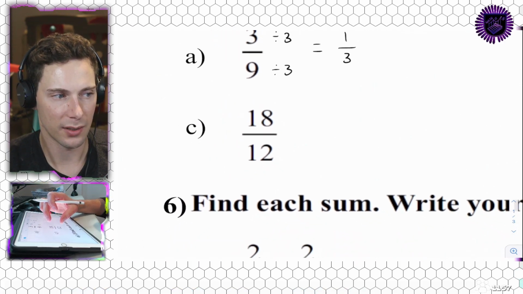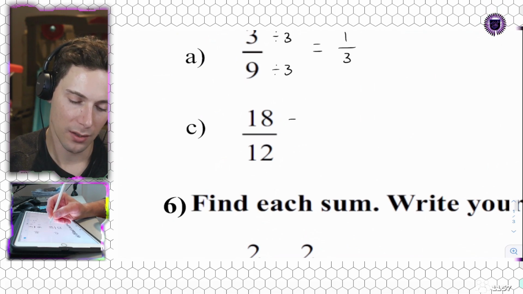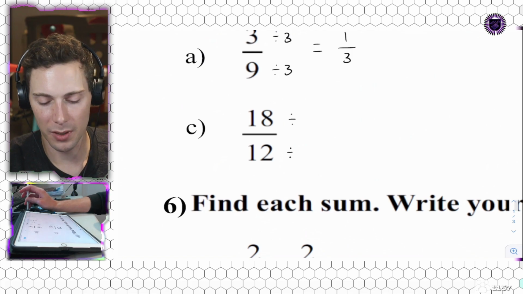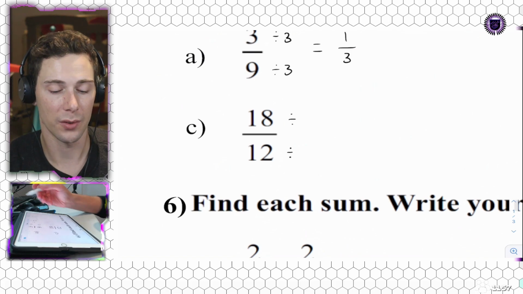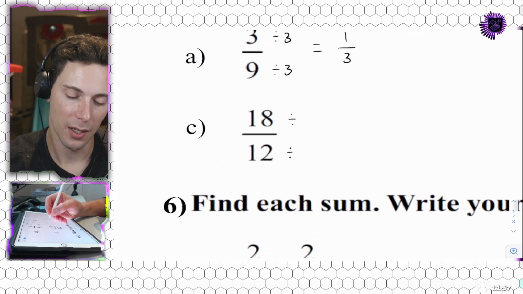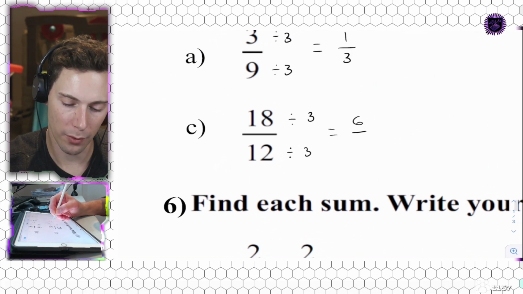C is 18/12. We can think, divide: 3 goes into both of them, but 6 also goes into both of them, and that's the greatest one. Let's pretend we did 3 and it left us with 6/4.